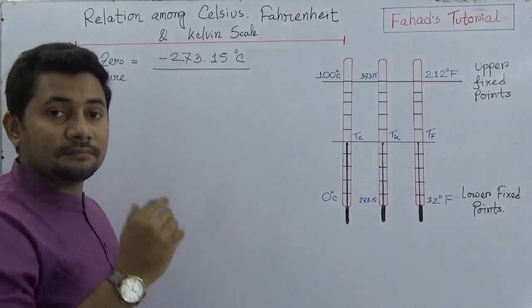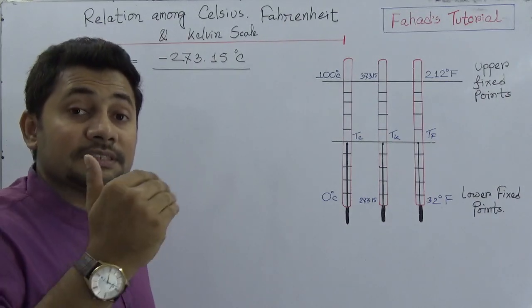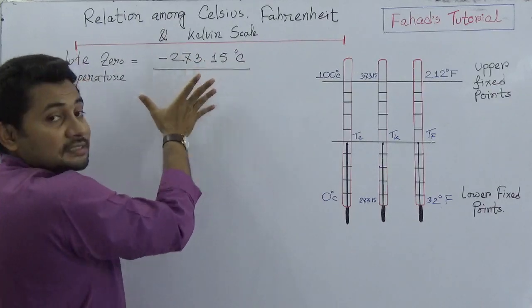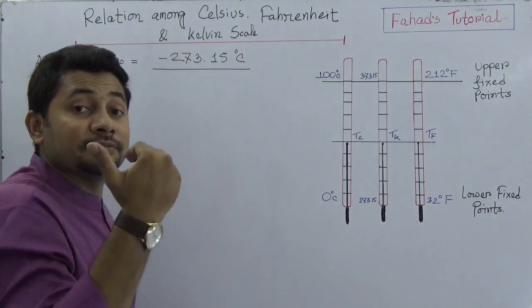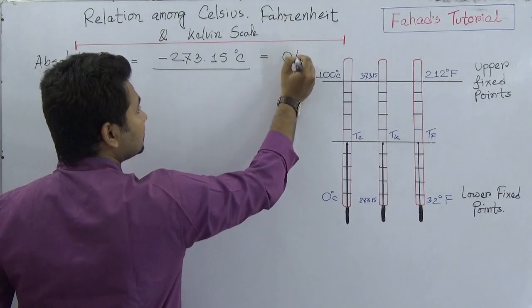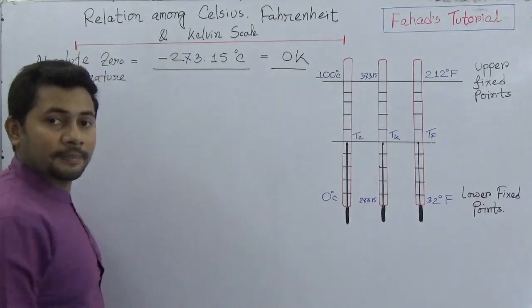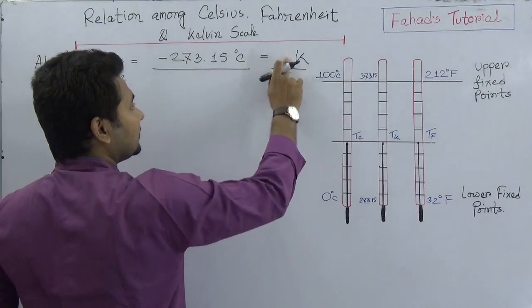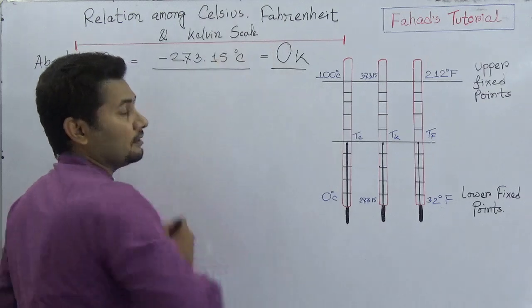And then the Kelvin scale starts from this level. So this amount in Celsius, which is the lowest in case of Celsius, is equivalent to 0 Kelvin. So we can say that this is 0 Kelvin.